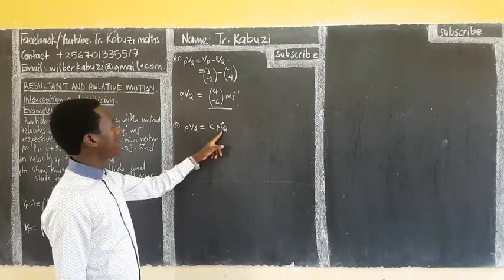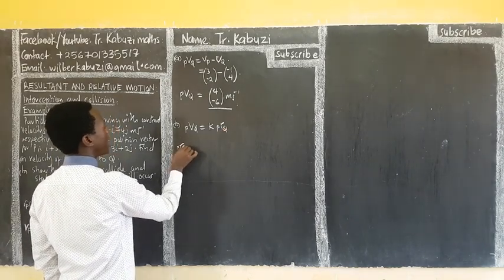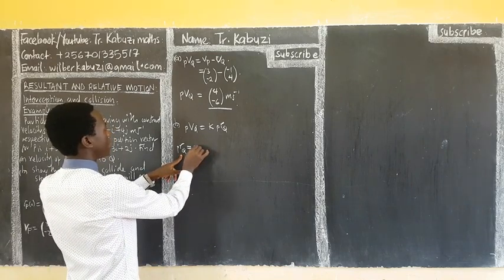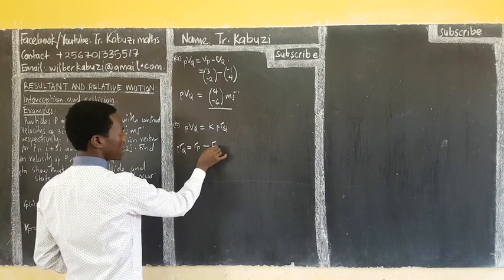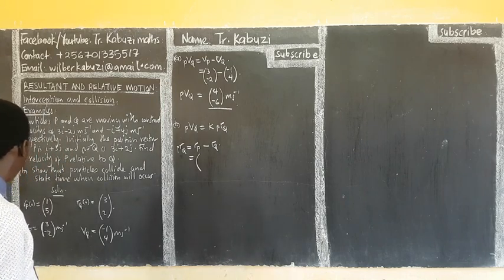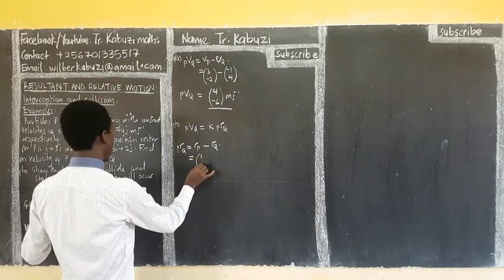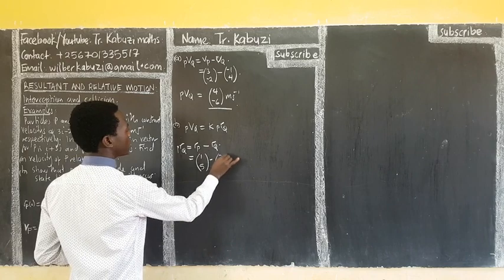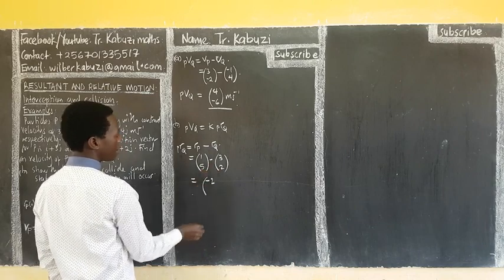So our P relative to Q is going to be the displacement of P minus the displacement of Q. We come here and we get 1, 5, then minus 3, 2, and this will give us 1 minus 3, that's negative 2, then 5 minus 2.